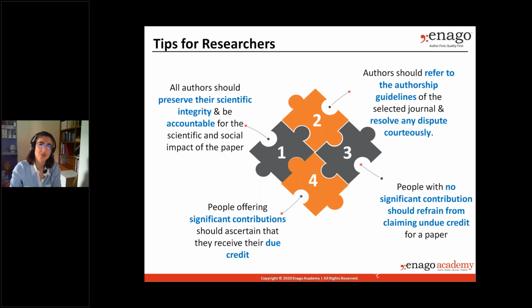It's important to resolve any disputes courteously, to ensure the smooth continuation of collaborations, to ensure that everyone gets the credit for the work they have contributed, to ensure that teams can progress, collaborations can continue, even funded projects can continue as planned.